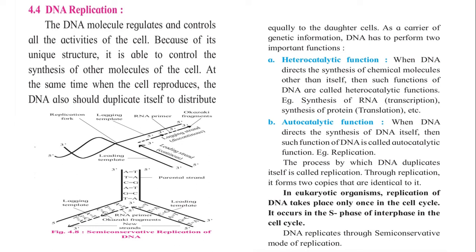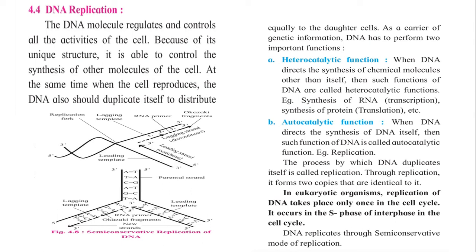Because of its unique structure, it is able to control the synthesis of other molecules of the cell. At the same time, when the cell reproduces, the DNA also should duplicate itself to distribute equally to the daughter cells. As a carrier of genetic information, DNA has to perform two important functions.